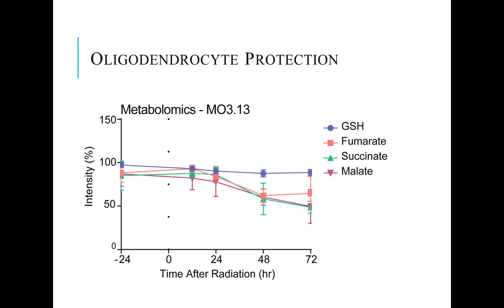However, you can see that the levels of the antioxidants, the reduced glutathione, actually stayed constant throughout up to 72 hours after radiation. This again shows the power of metabolomics to monitor these temporal changes in small molecules and oligodendrocyte metabolism in response to radiation injury.